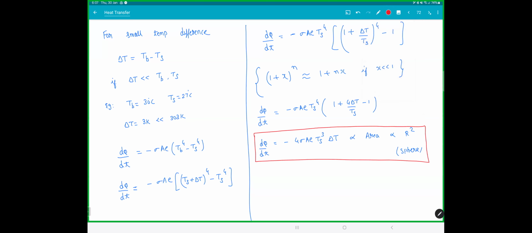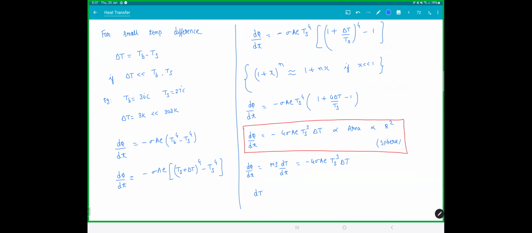This is okay, but we have something more interesting. dQ by dt can be written as m s dT by dt, which is minus 4 sigma A E T_S cube delta T. So we have dT by dt, which is minus 4 sigma A E T_S cube delta T by m s.